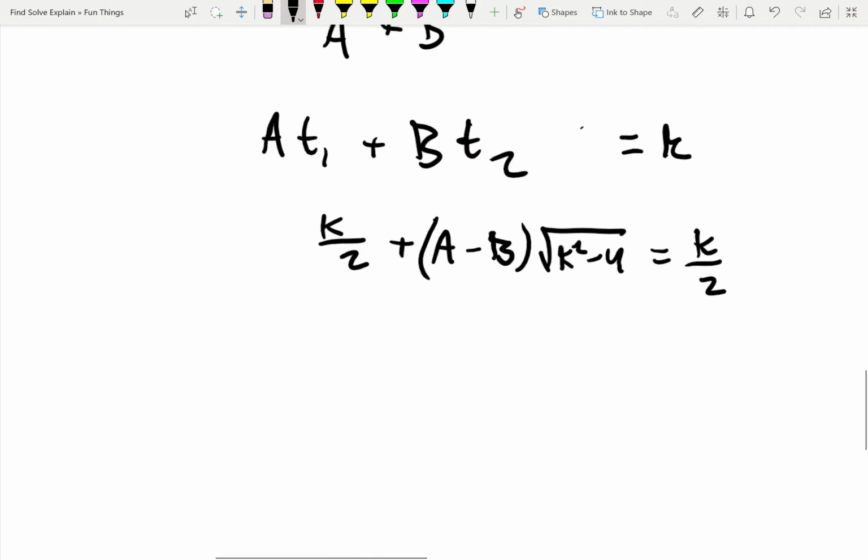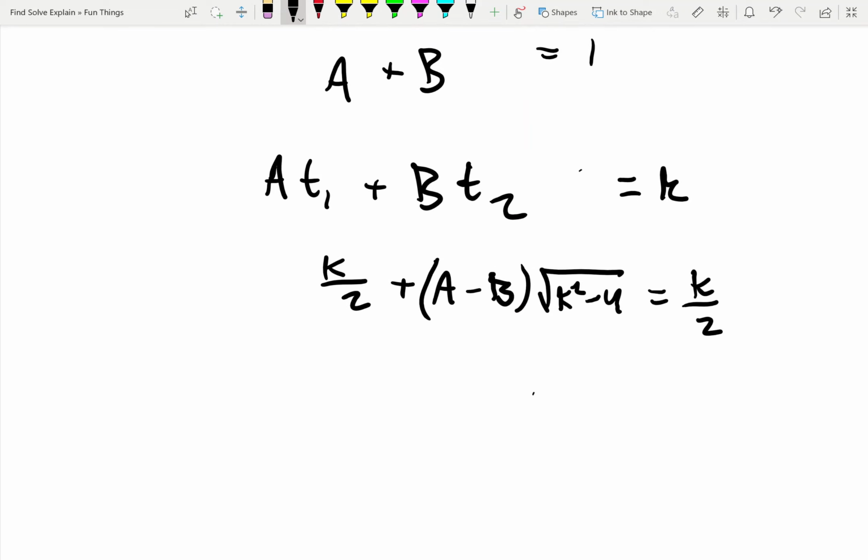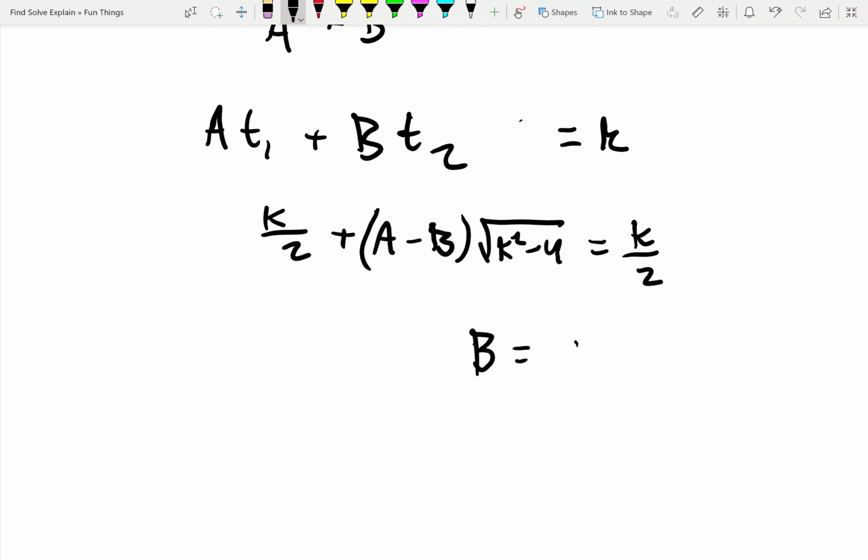It turns out when you rearrange these, you actually get b, I believe, being equal to the square root of k squared minus 4 over 2k.